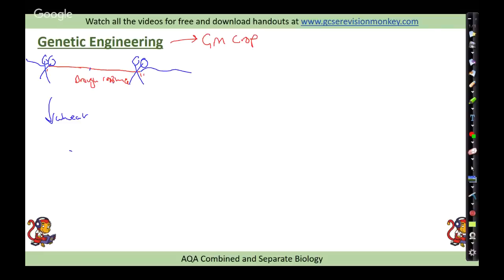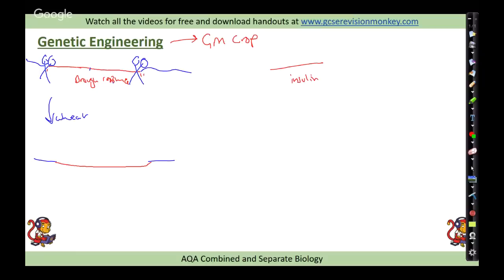So you're taking it out of one plant and you would literally cut the wheat DNA and stick it in there. So with our drought resistant gene, we would then stick it in there and we would have our genetically modified crop.